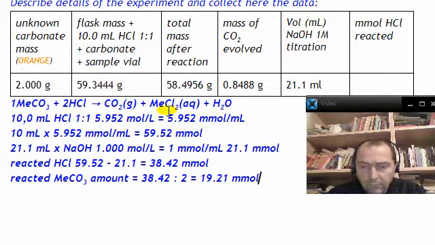Okay, now we know that this amount corresponds to 2 grams, exactly weighed by the students.